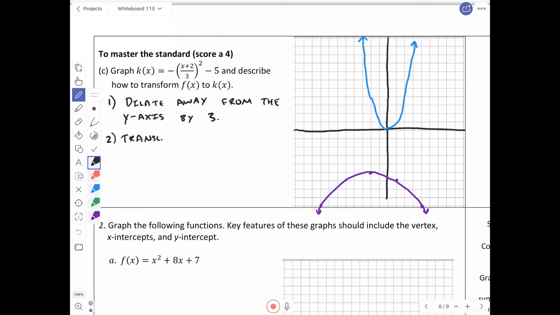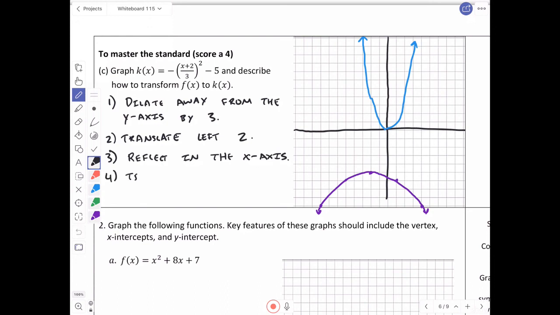Then translate left 2. Then reflect in the x-axis.